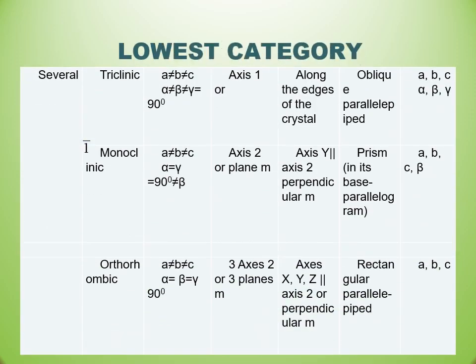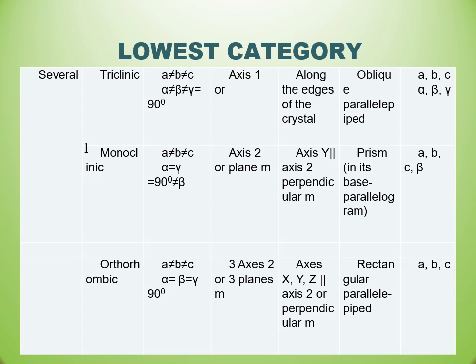The syngony of the lowest category: triclinic, A doesn't equal B, C, alpha doesn't equal beta, gamma, and the axis is only of first order, it means there are not any axes of symmetry. The main directions are along the edges of the crystal, and the form is a parallelepiped.